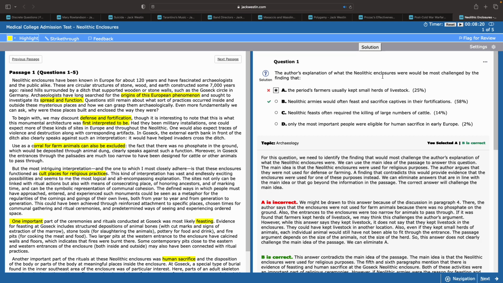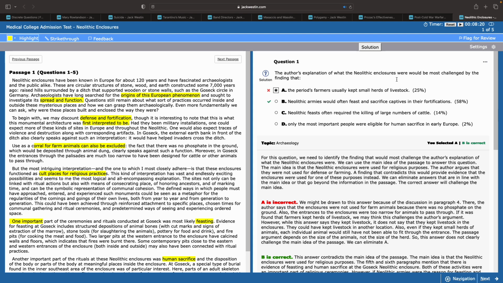Wait. Which would be most challenged by the finding that they would often feast and sacrifice captives in their fortifications? Measurement of what the Neolithic enclosures were would be most challenged by finding that Neolithic armies would often feast and sacrifice captives in their fortifications.